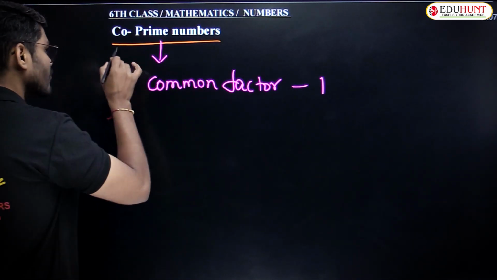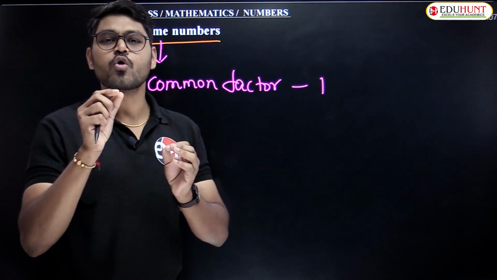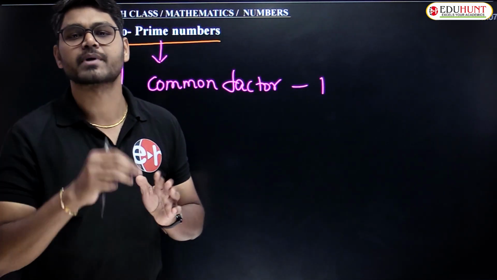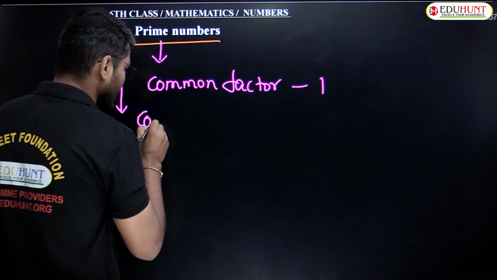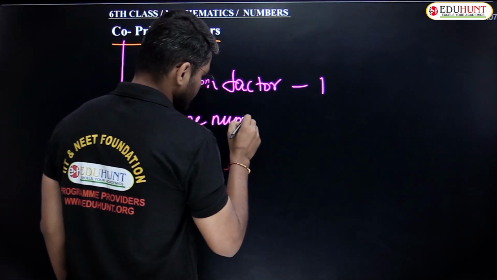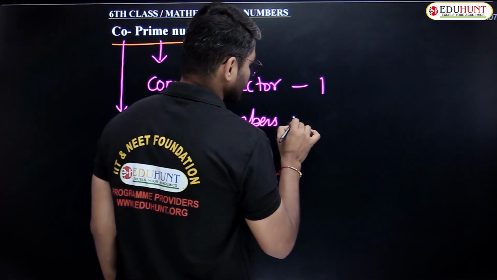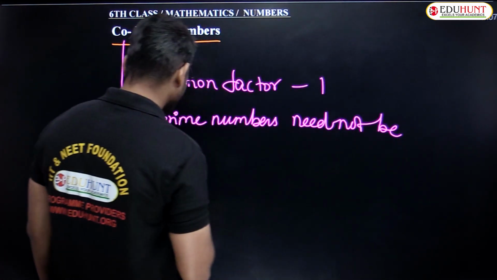Those are called co-prime numbers. Here, one most important point we have to learn is that co-prime numbers need not be prime numbers. Yes, that is very, very important.